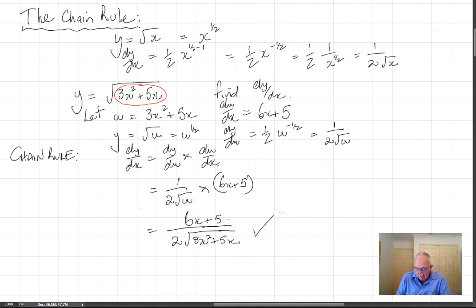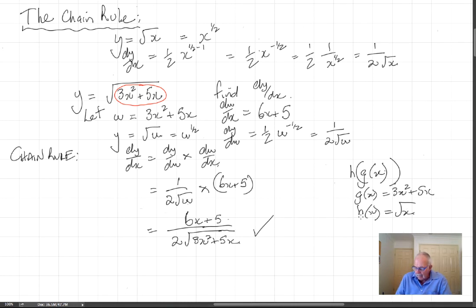Now the key thing to look at is that we use the chain rule when you get a function of a function, like h of g of x. In this case, my g of x was equal to 3x squared plus 5x, and h of x would be like the square root of x.